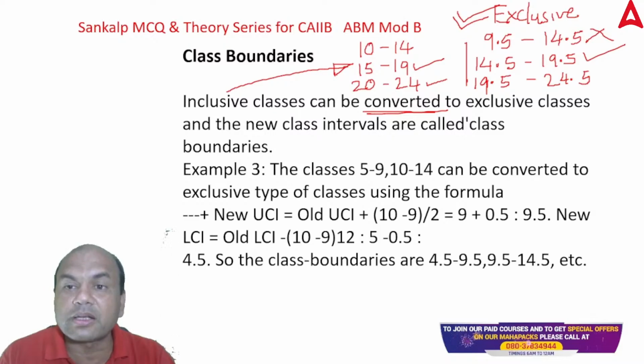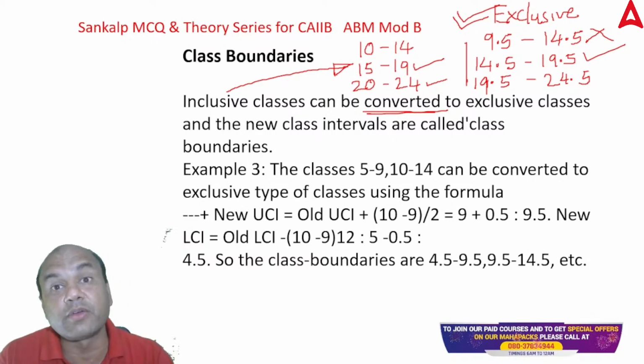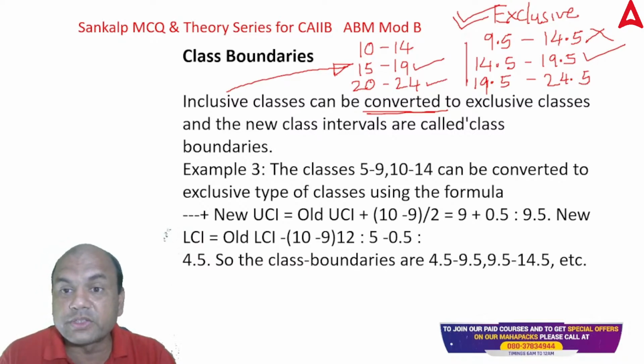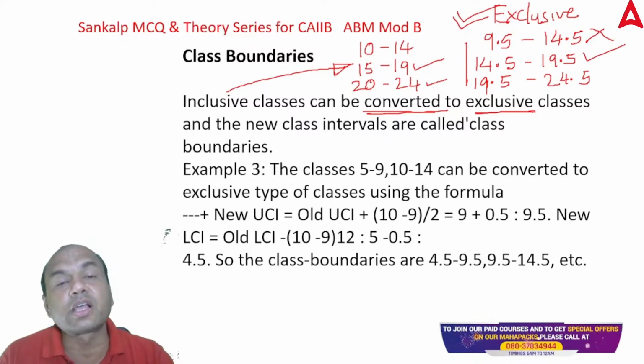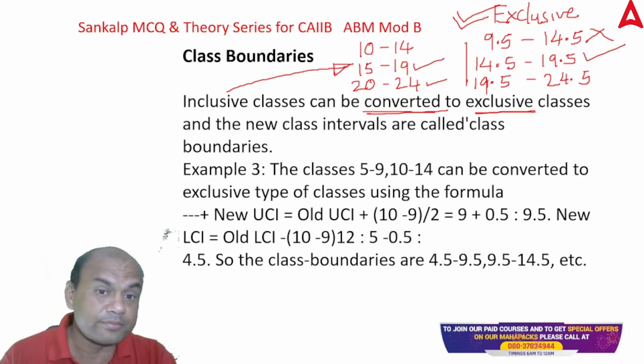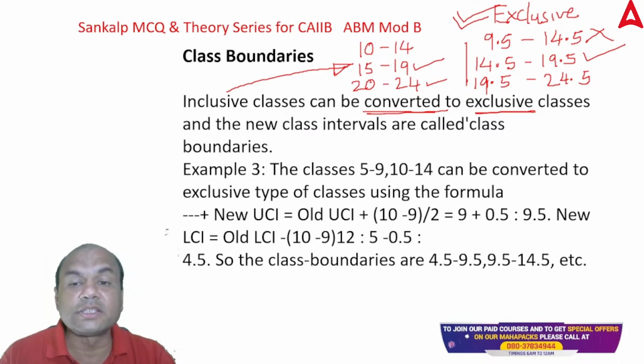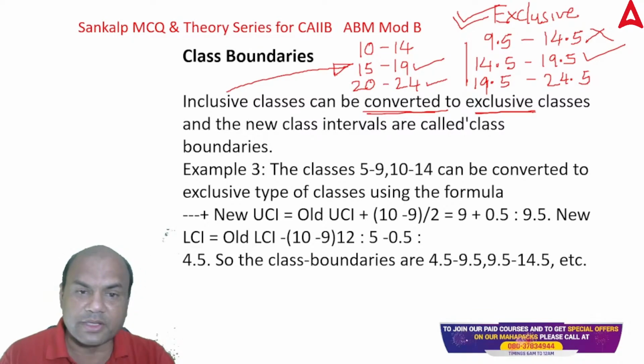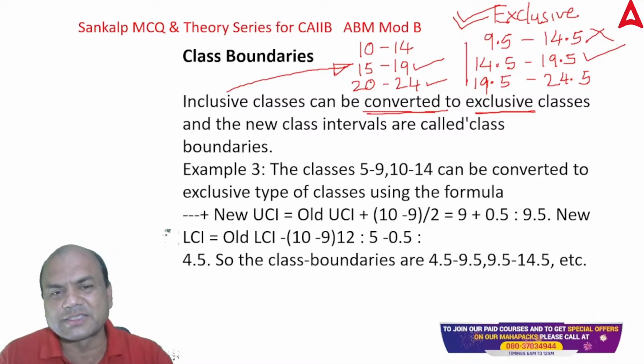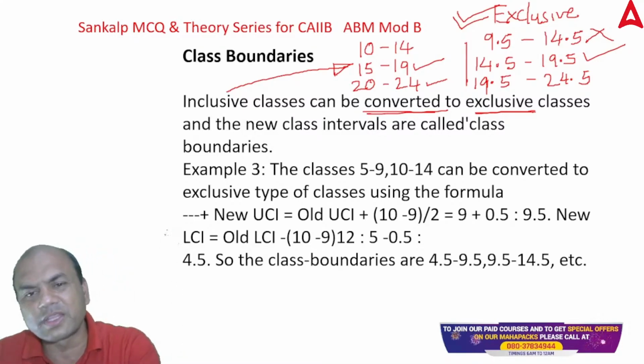We never use an inclusive class while solving numericals. Never ever. We always use exclusive. Even if you have an inclusive class, you have to convert it to exclusive. Remember. And the new class intervals are called class boundaries. Now the remaining thing is simple, the same thing I have explained. Let's move on. You can read this if you want.